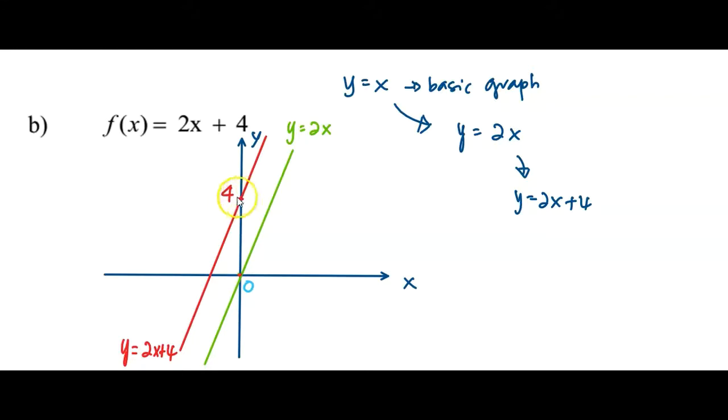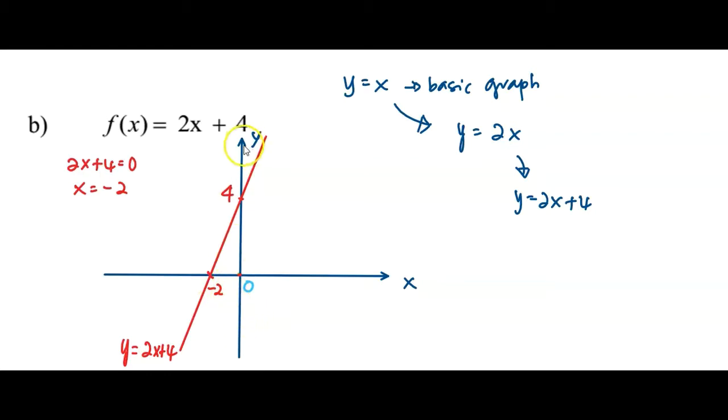Now this graph also has an x-intercept, and you need to find this value. I will erase y equals 2x. To find the x-intercept, we substitute y equals 0. You have 2x plus 4 equals 0. From here, you solve it and get x equals negative 2, meaning the x-intercept is x equals negative 2.